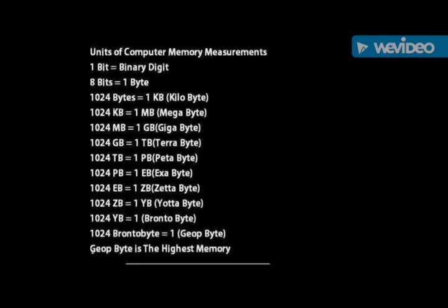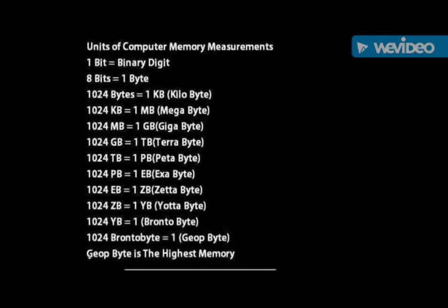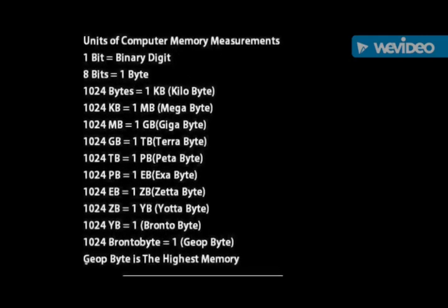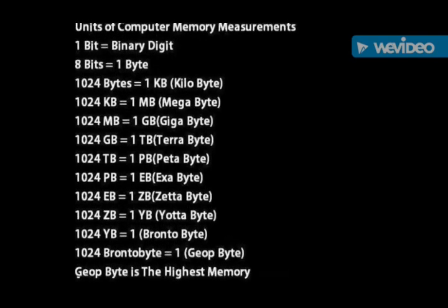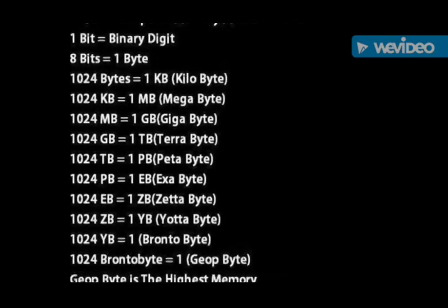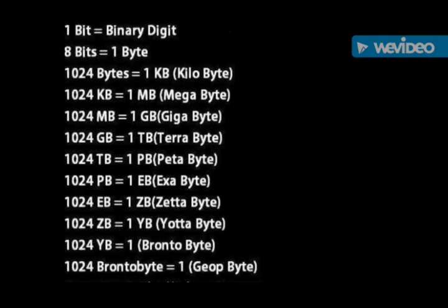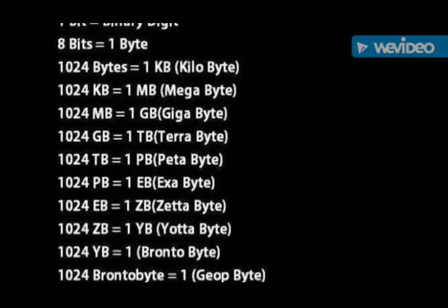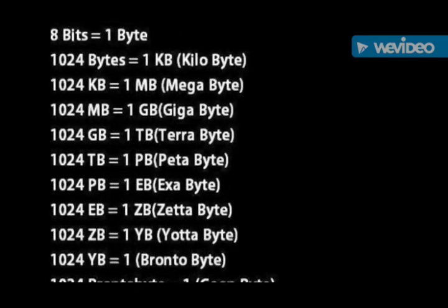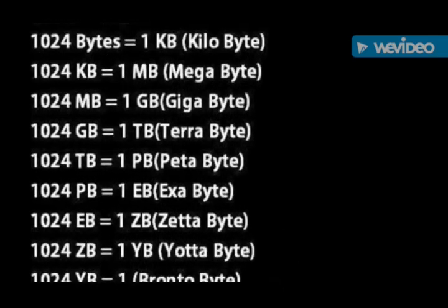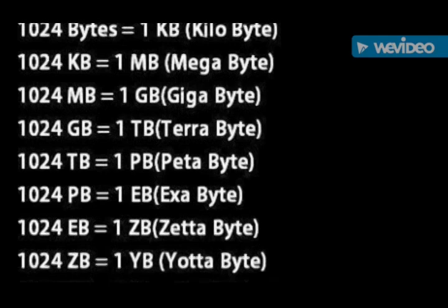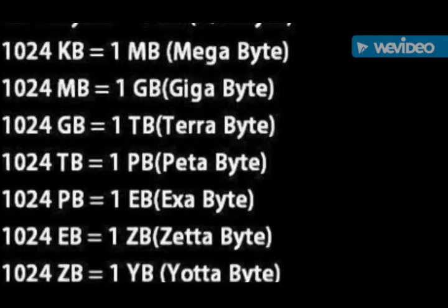When you go to the market, you say I want 1 kg of this thing, but in a computer you say I want 2 GB memory, I want 2 TB memory. Because memory is the base of your computer storage, which stores the information and increases the speed of your processing if there is good memory and enough space.